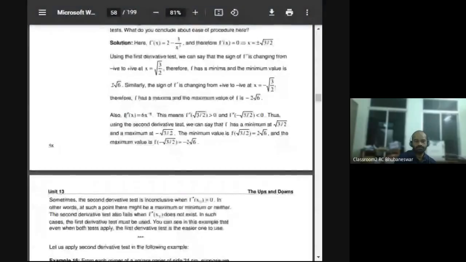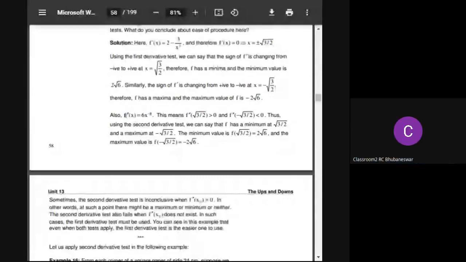So here at the negative of root over of 3 by 2, the value is negative.